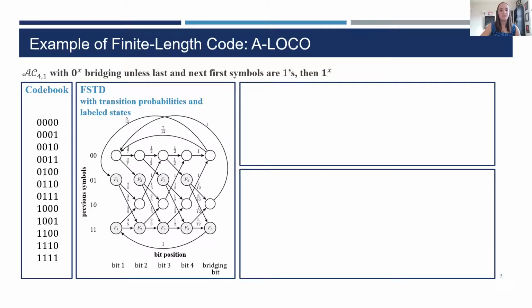Notice that we end up being able to combine states that have the same exiting paths and probabilities. That's why there are two labeled F1, two labeled F2, etc. This step followed the previous first step that we showed you, where we used the grid of states to determine this FSTD.